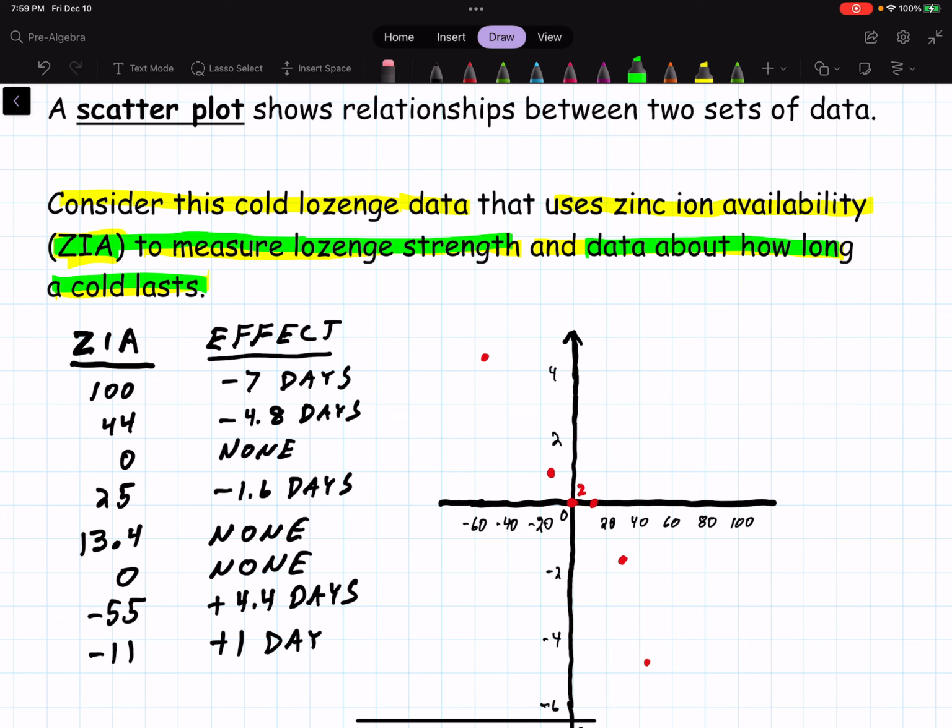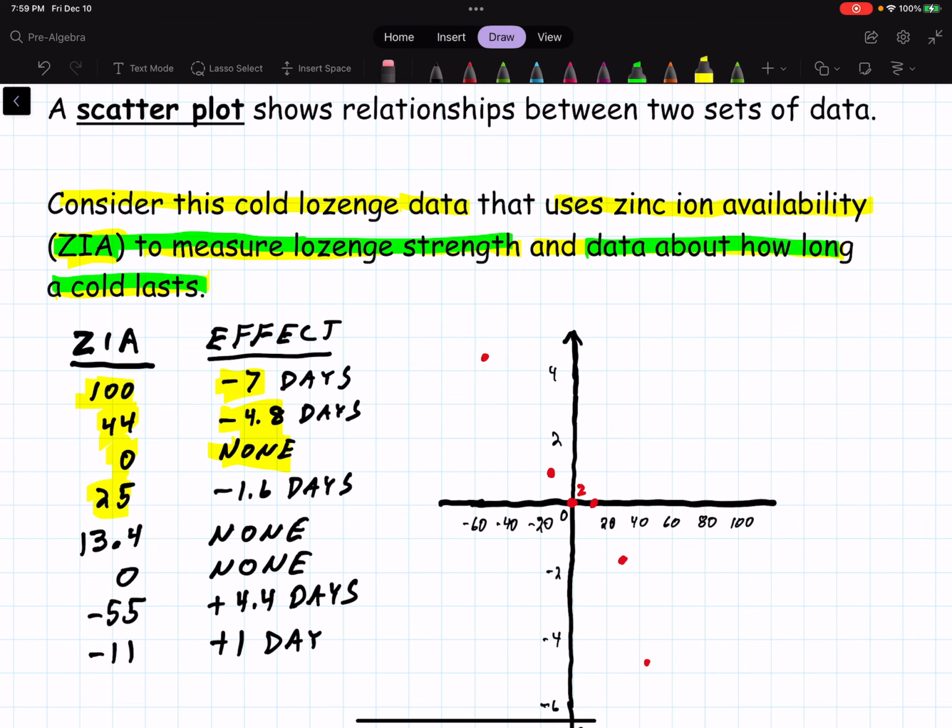And then here's our data plots. Here's our data. If the ZIA factor of the one lozenge is 100, we get 7 days shorter cold. If it's 44, we get 4.8 days of shorter cold. If it's 0, there is no shortness or change in the cold.